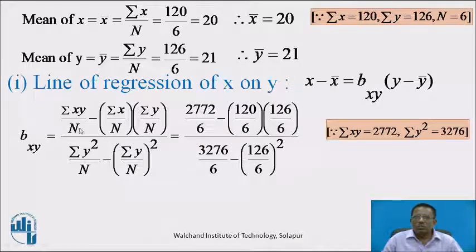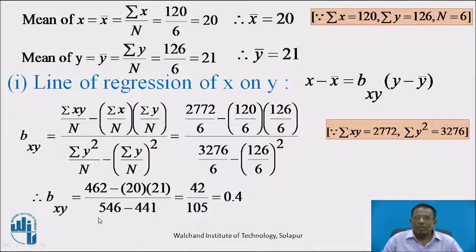So, this is equal to summation xy is 2772 upon n is 6, minus summation x is 120 upon 6 into summation y is 126 upon 6, whole divided by summation y square is 3276 upon n is 6, minus bracket summation y is 126 upon 6 bracket square.